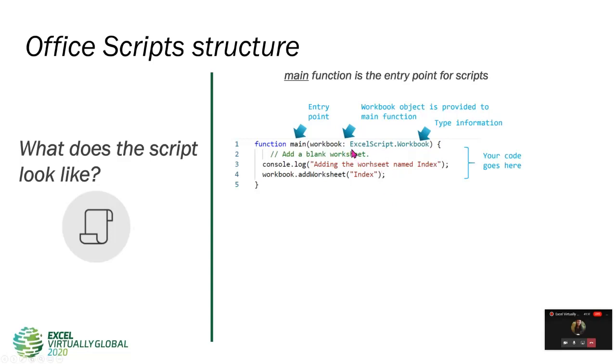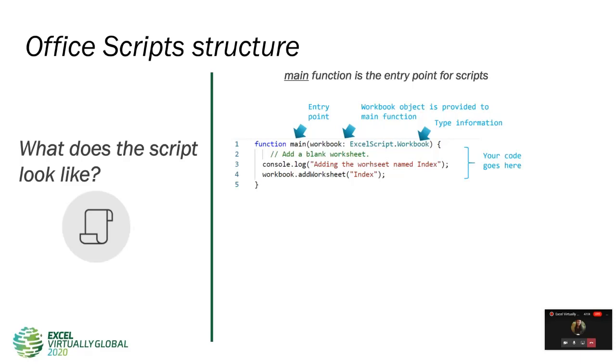And you might have noticed this other thing called ExcelScript.Workbook. This is typing. It is saying the workbook is of type ExcelScript.Workbook, so it helps Office Scripts know that you're interacting with an Excel object. For the most part, we will infer what that type is, so you don't really need to do anything.